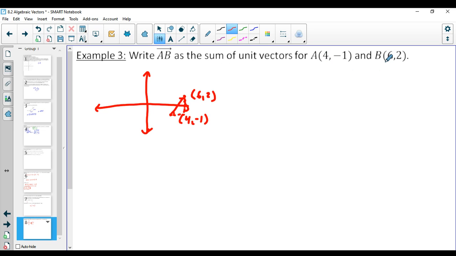For x we're going from 4 to 6, so our change in x is 2. And for y we're going from -1 to 2, which is 3. So how we'd write this as a sum of unit vectors is 2i plus 3j.